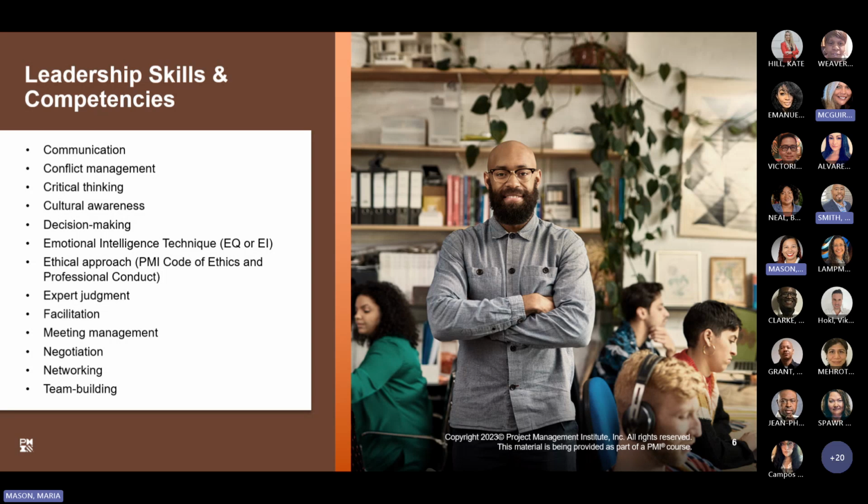Like I said, it's more about those soft skills, and these are some things that may not be inherent to a person, right? As a leader or as a project manager, some of these may not be ingrained in you or your strengths. So you do need to make a conscious effort to communicate effectively, to focus on conflict management, to critically think, and so on.